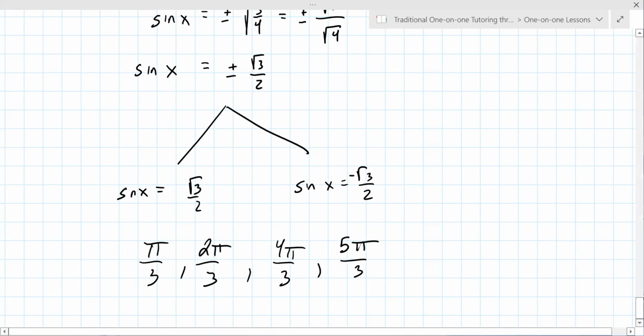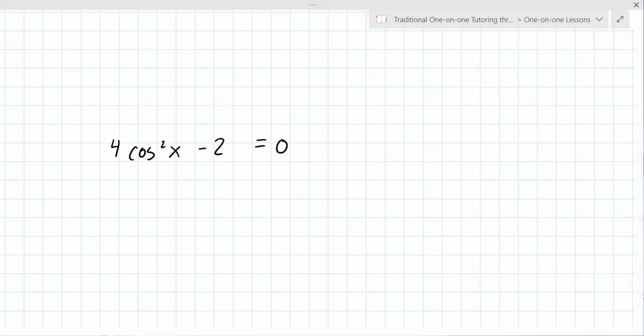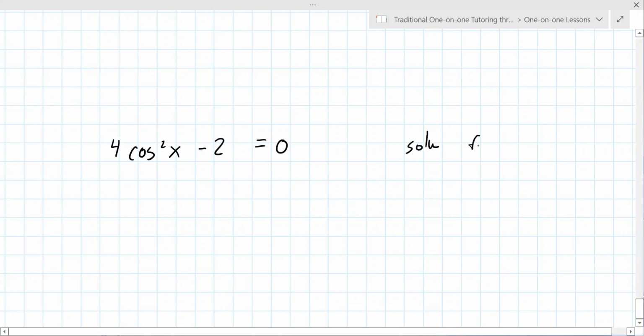All right, let's do another one here. Let's see. Cosine. What have we done here? 4 cosine squared x minus 2 equals 0. So try solving this for x, please.